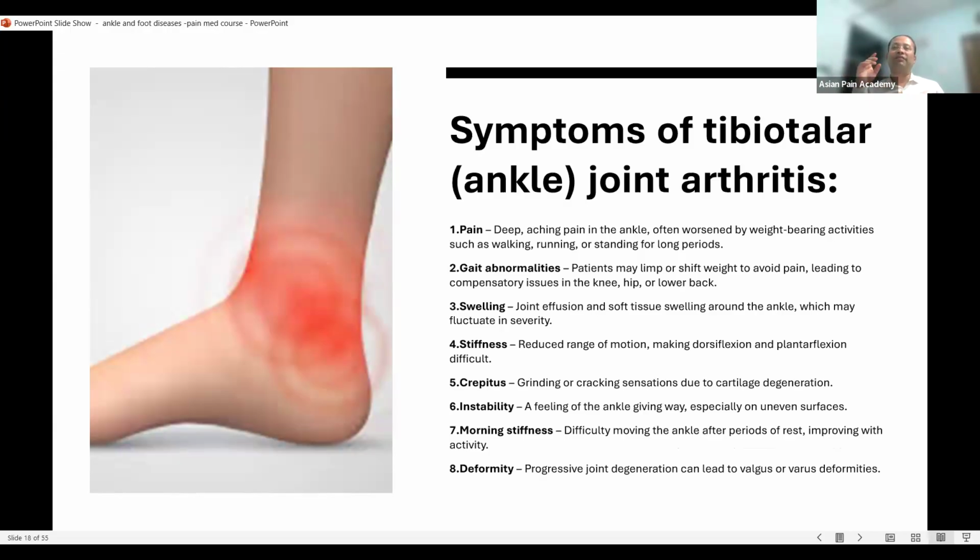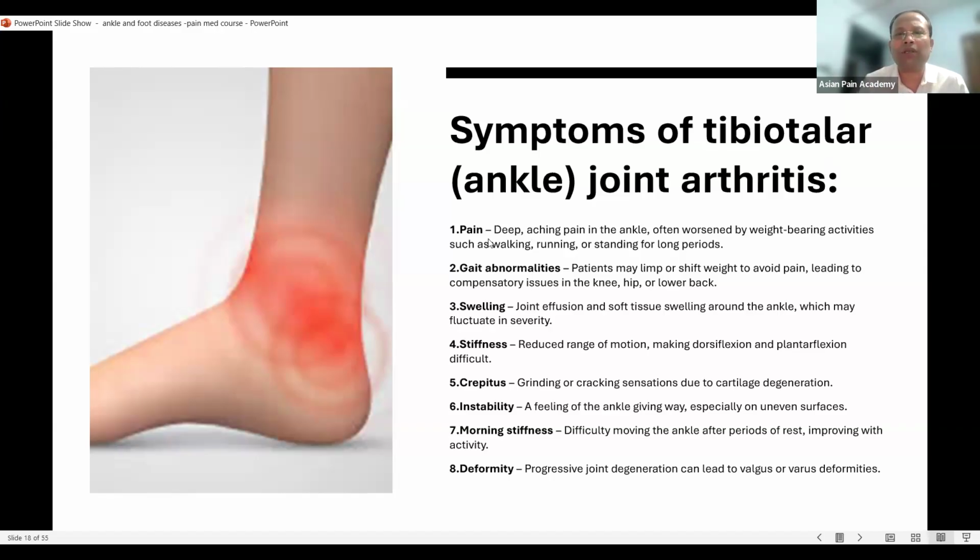If someone comes with hip or knee arthritis, you first think of degenerative, not inflammatory. But for the ankle and elbow, you must think the case is inflammatory arthritis and not degenerative.